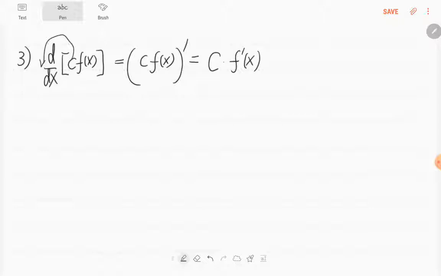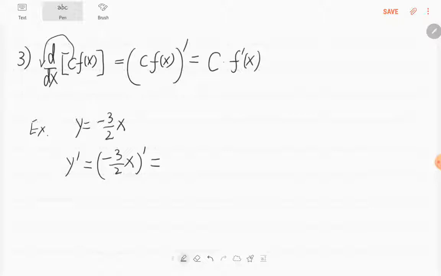So now let's look at the example. Y equals -3/2 times x. We want to know what is the derivative of y with respect to x. So this is -3/2 times x, then take the derivative.